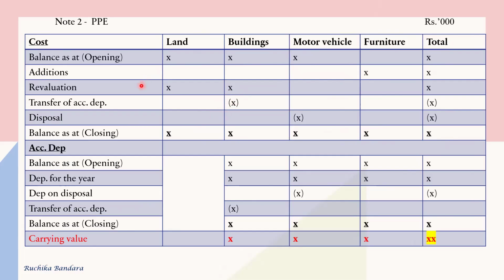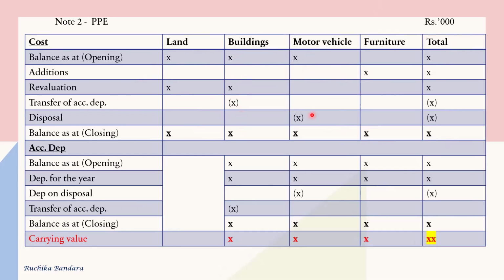So in that situation, you had better refer to the revaluation lesson, which I have already done. So the building revaluation, you are entering to the revaluation column. Then you have to remove the accumulated depreciation. That is transfer of accumulated depreciation within brackets. Then only your value will be there.